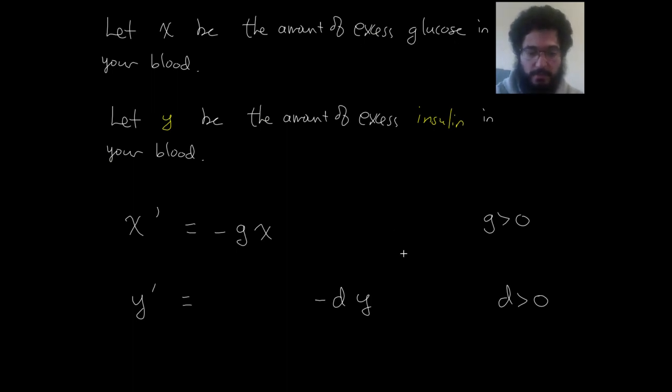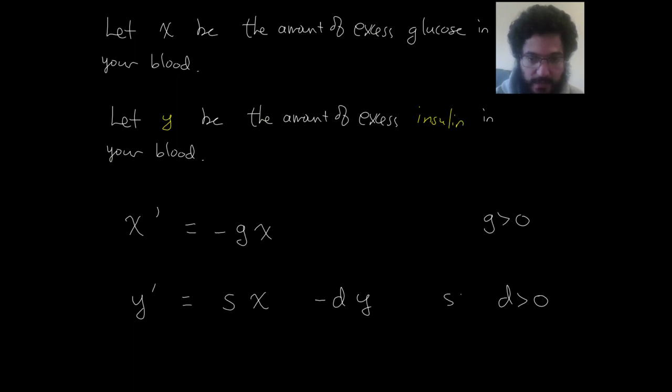Then your body notices that and reacts by producing insulin. And the rate at which it produces insulin, we can imagine, could be proportional to how much excess glucose there is. So I guess I should be pointing here. So there's a term contributing to y prime, which is proportional to x itself. So some constant times x.